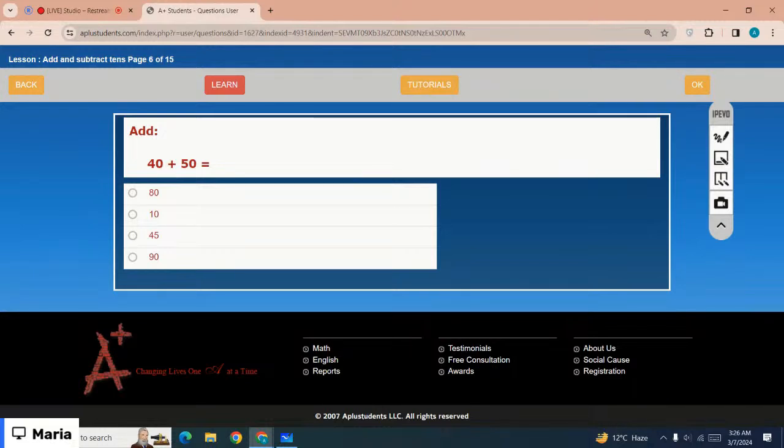40 plus 50, which is the correct option?